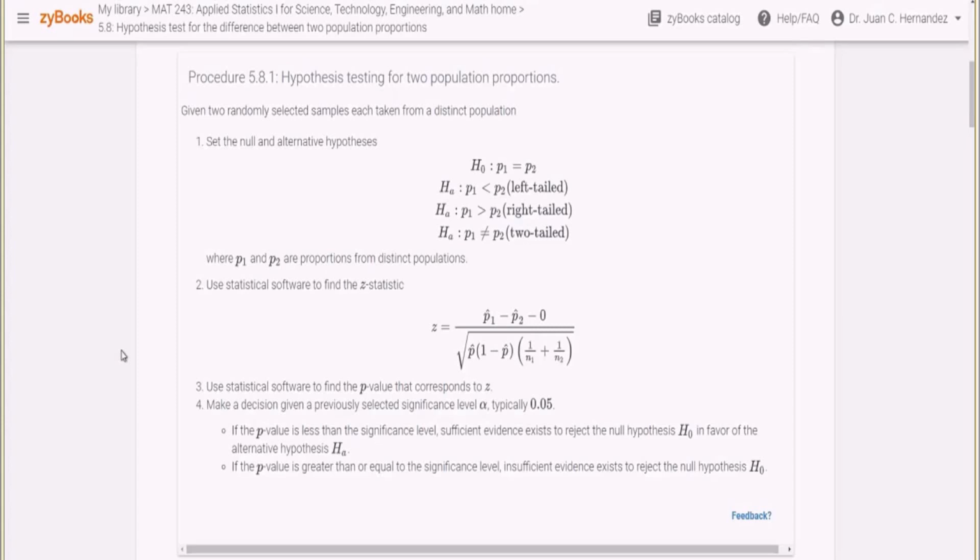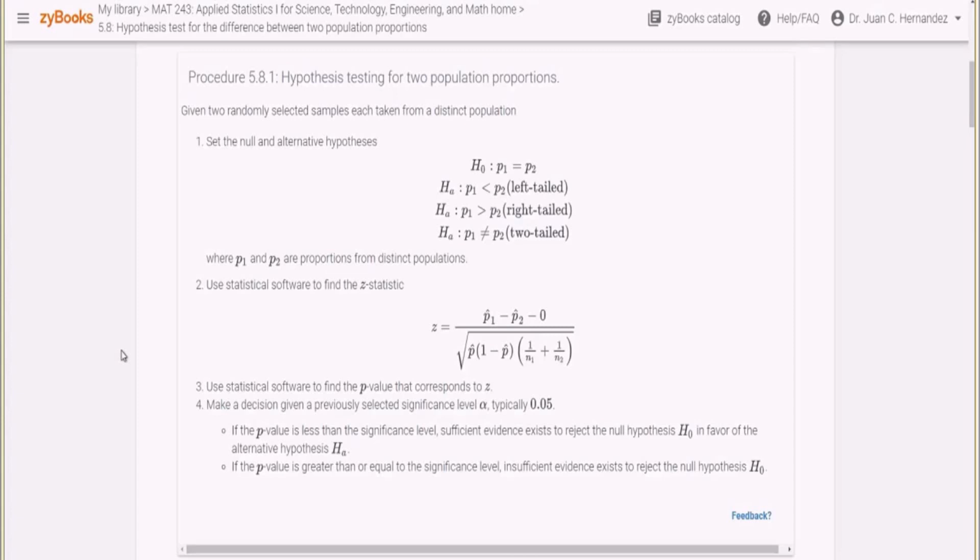That is why you see 1 minus p hat, because if the proportion is a given factor, then the opposite, to bring it to 100%, will be 1 minus p hat, times the sum of 1 divided by the sample sizes, n1 and n2.